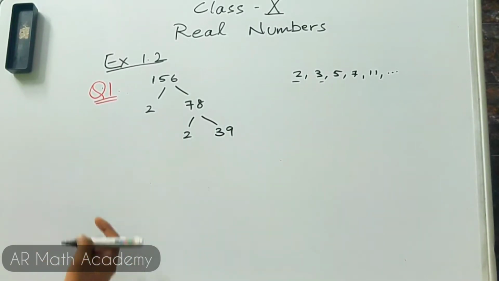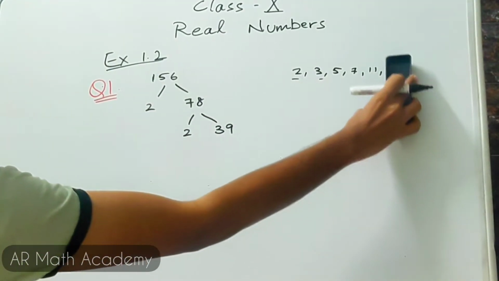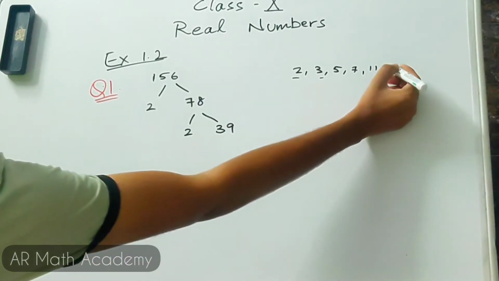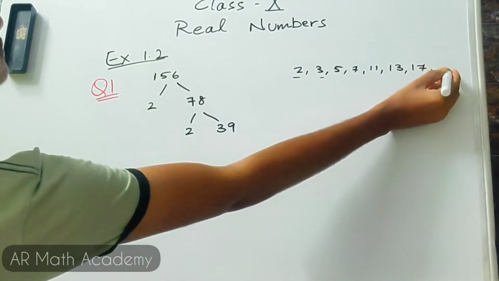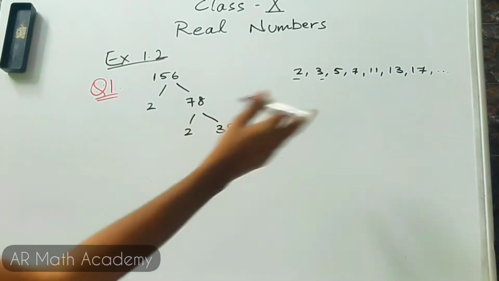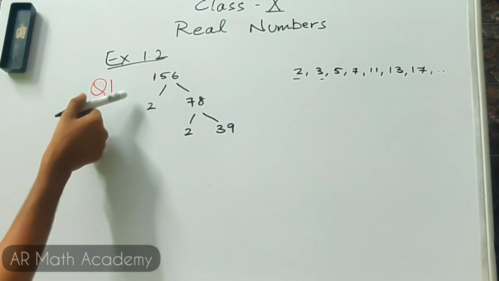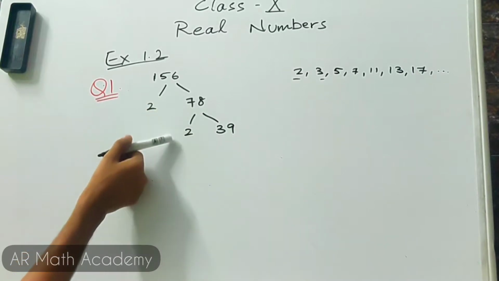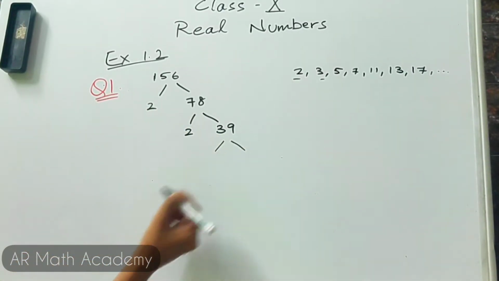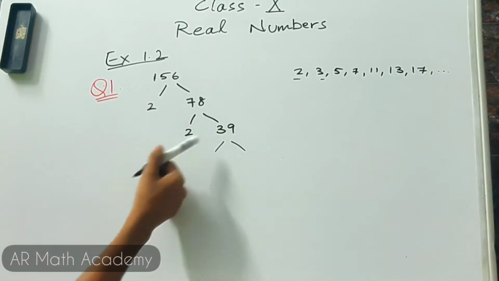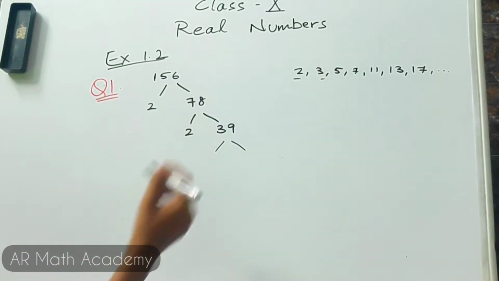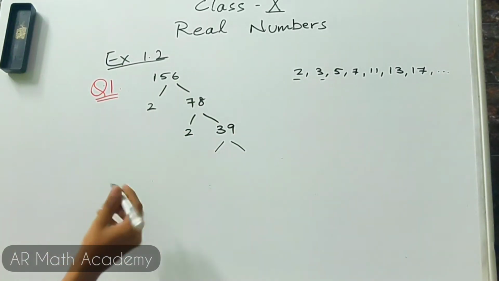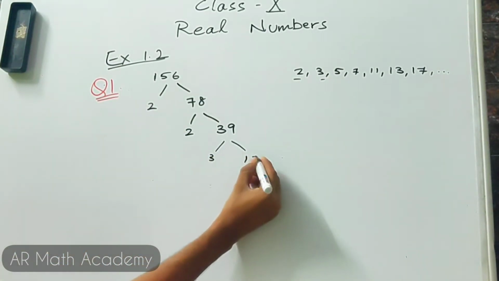Now for 39, I have to expand this list of prime factors for this problem, because there are other primes like 13 and 17, as the list goes on. Now check if 39 goes by 2. No, it doesn't, because 39 is not divisible by 2. Now check if it goes by 3. Yes, it goes by 3. 13 threes are 39.